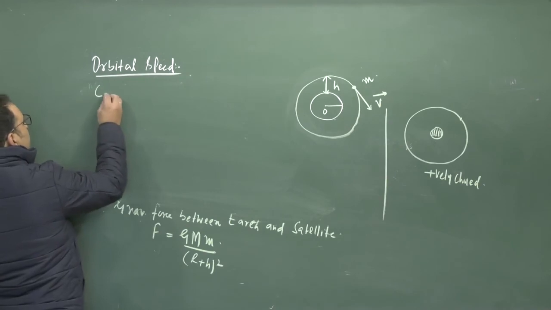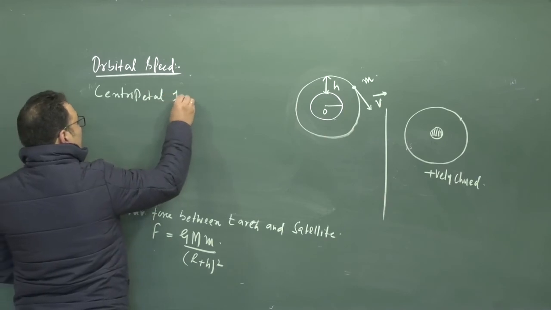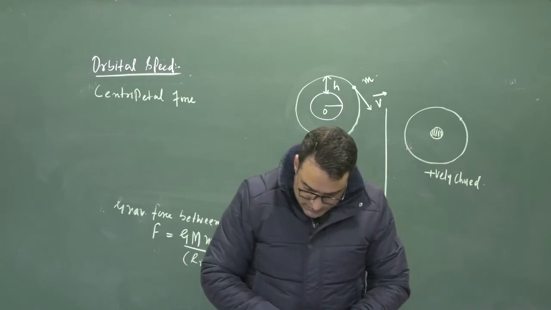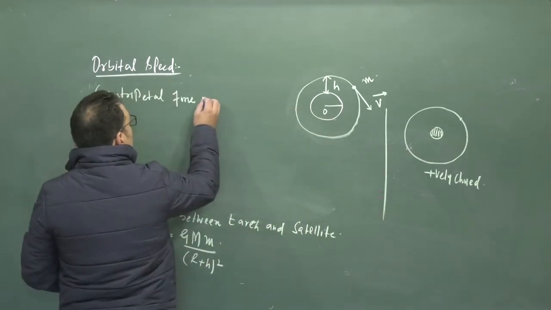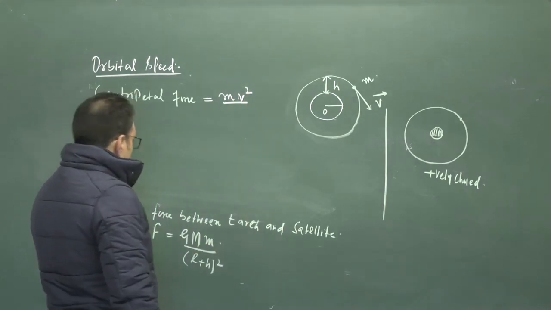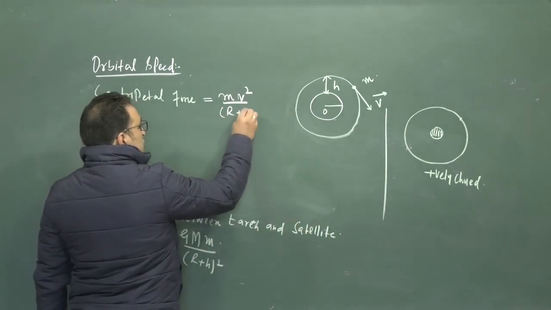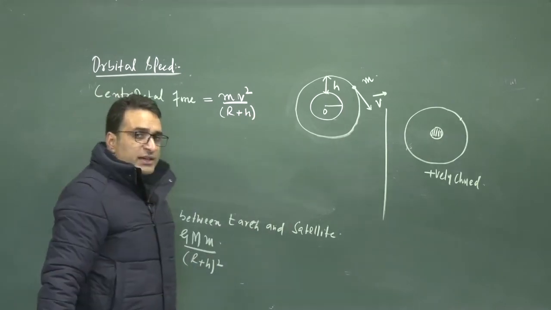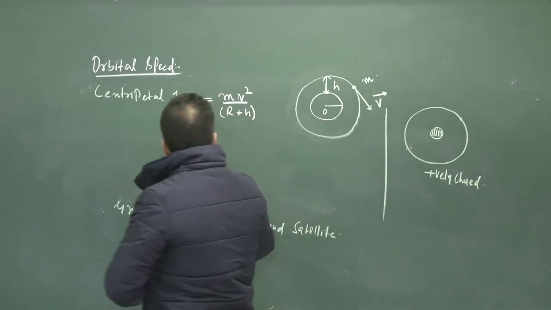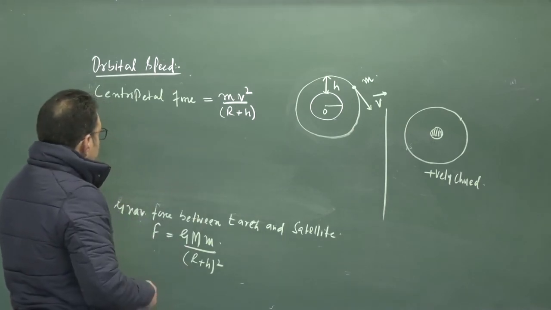Therefore, we can write centripetal force, and this centripetal force is equal to m v square by small r, but small r equals R plus h. This is the centripetal force on account of which the satellite of mass small m keeps on revolving along its path.